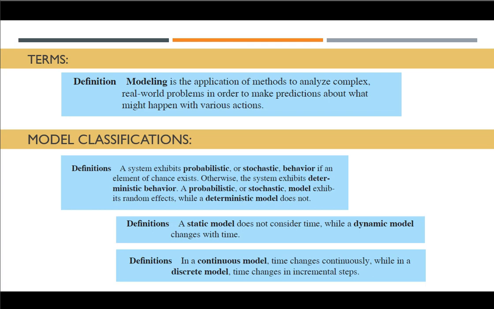If an element appears by chance, or if it appears that an element of chance exists, it is probabilistic or probability. For example, the path of a hurricane is probabilistic.